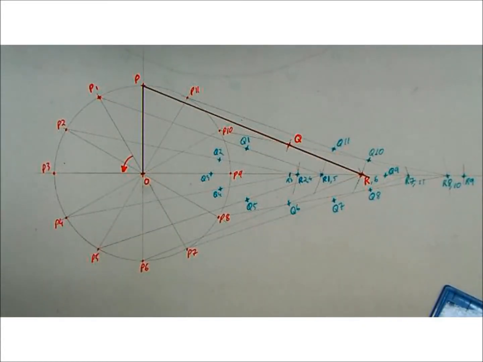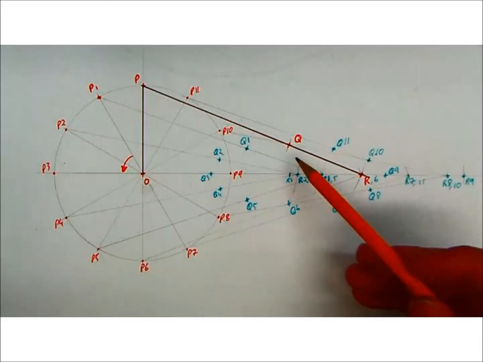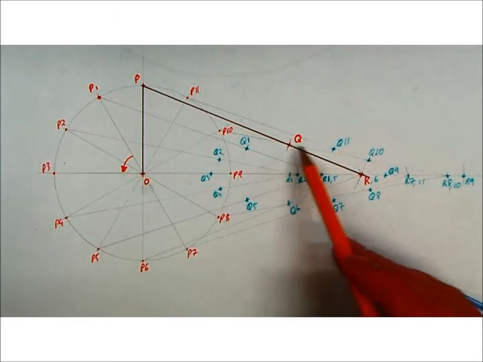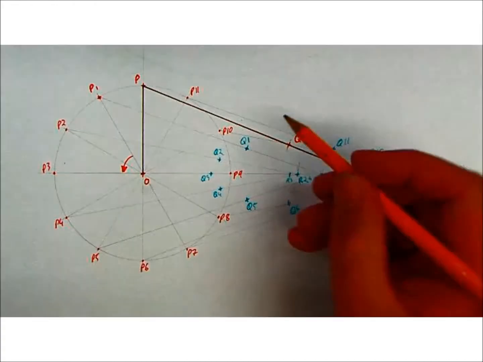Once you've found all 12 points for point Q, and it is rotating in a circular pattern, when you start at Q you go to Q1, Q2 and so on, all the way along, and you join back to Q. Join in freehand lightly, then go over it strong.